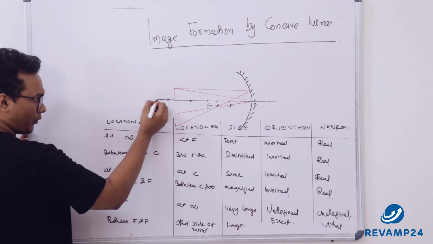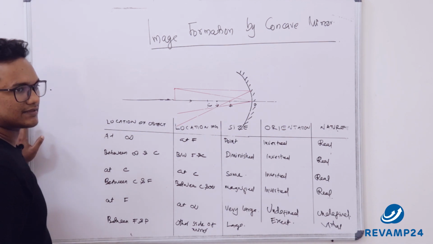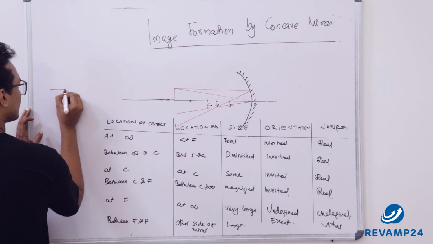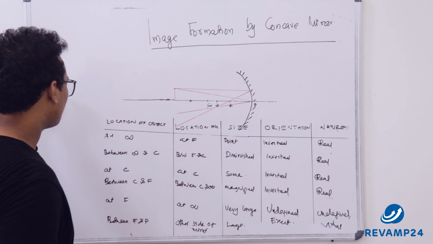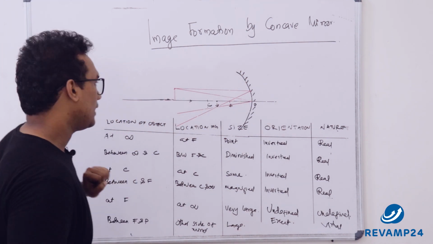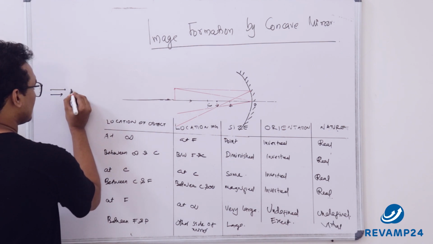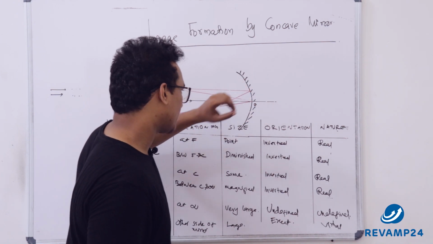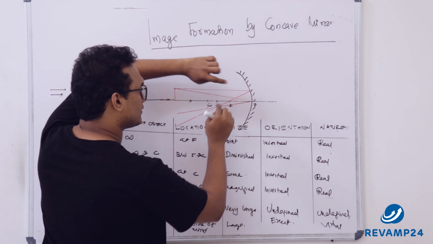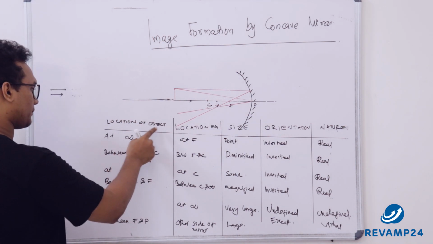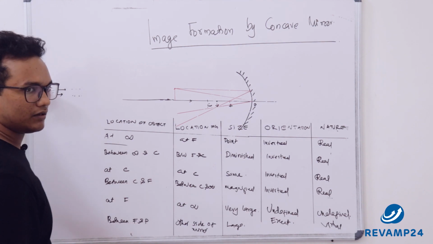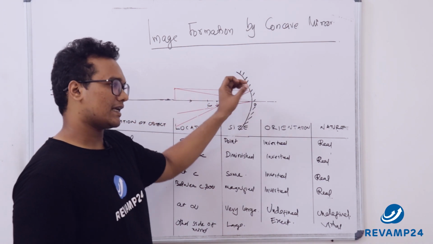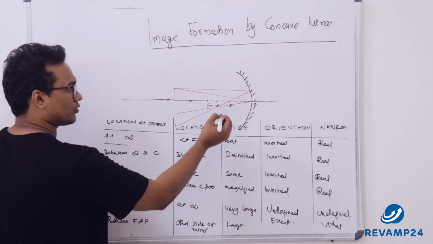Now, I'm going to consider one more point which is at a very infinite distance away from the mirror. At an infinite distance, you know that we have only rays coming in parallel to the mirror, and these parallel rays, on reflecting on the surface of the mirror, would directly go and intersect at the focus point.